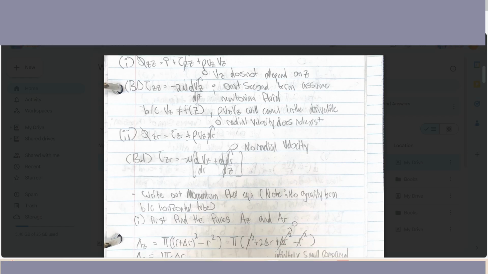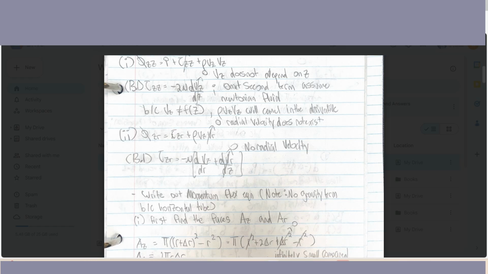So back to what we were talking about before. Momentum flux in the ZR direction, rho VZ VR. The second term equals 0, because there's no velocity in the radial direction. The fluid is only traveling through the tube, not up and down within the tube itself.